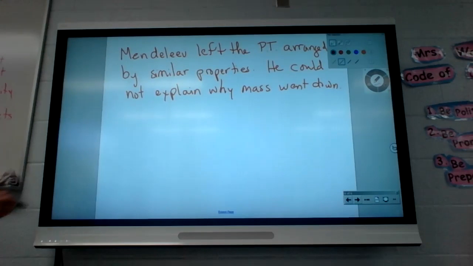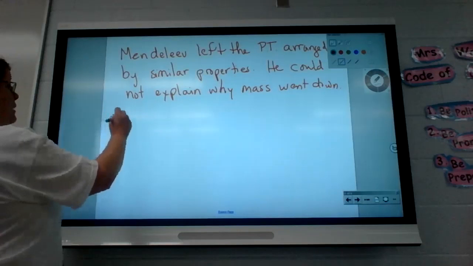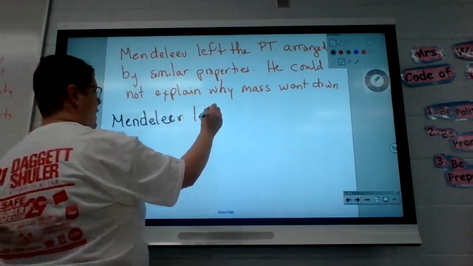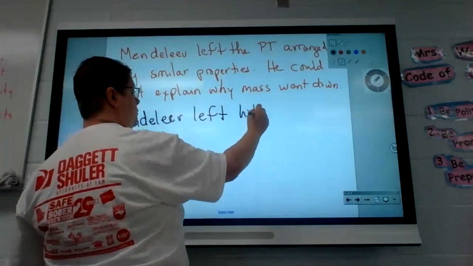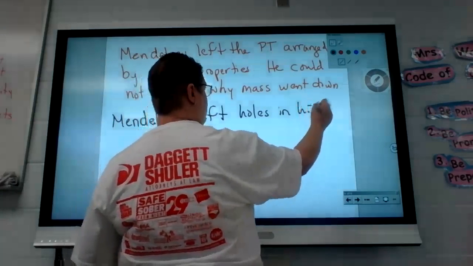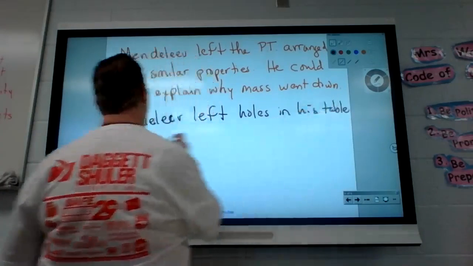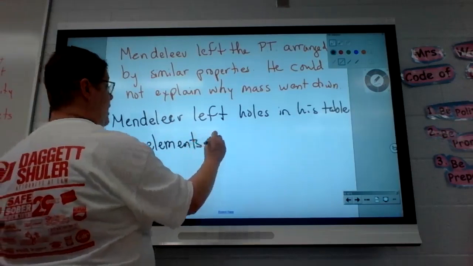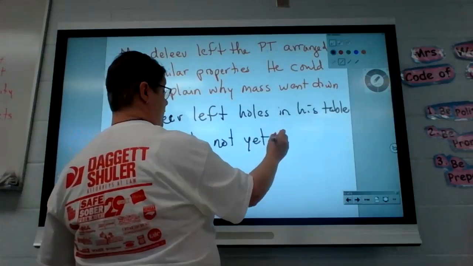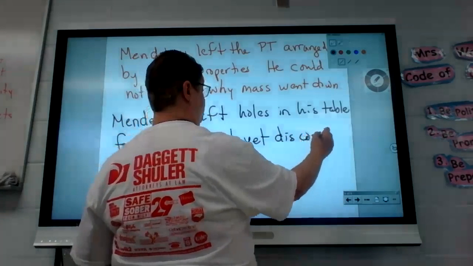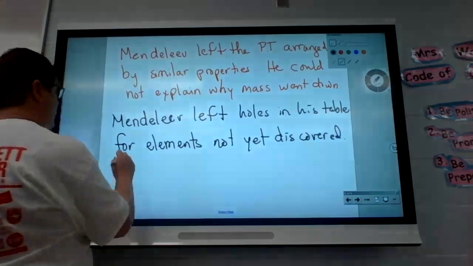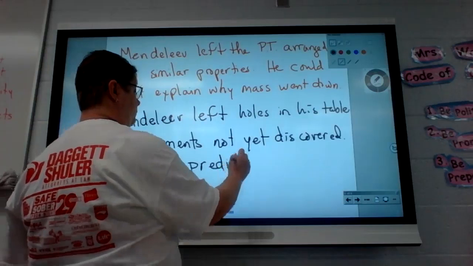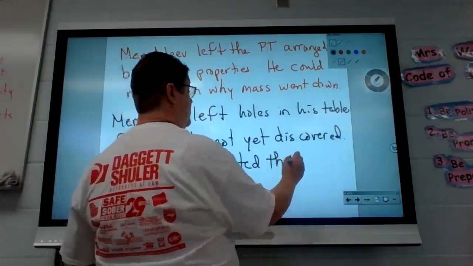All right? The reason we are is Mendeleev left holes in his table for elements not yet discovered. He even predicted their properties.